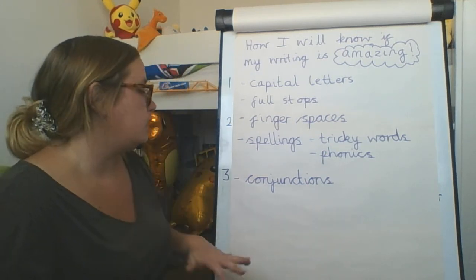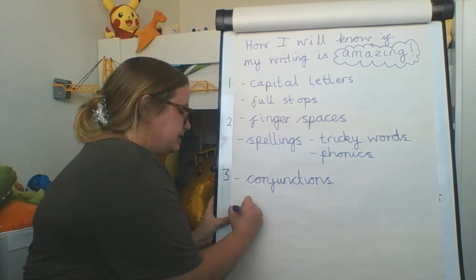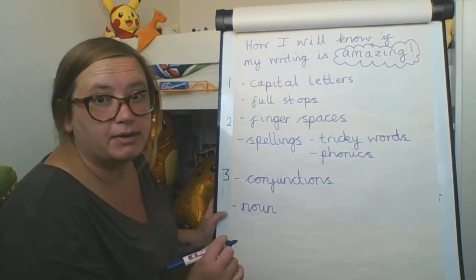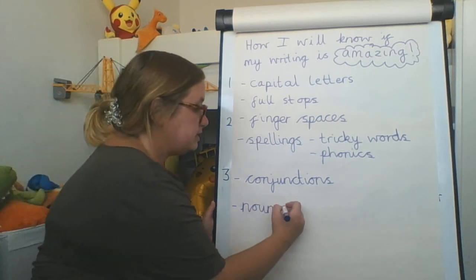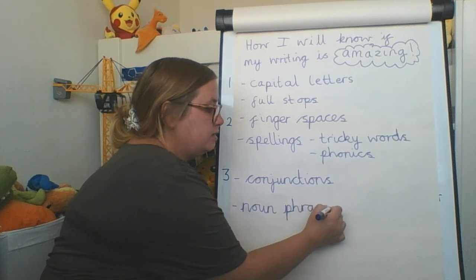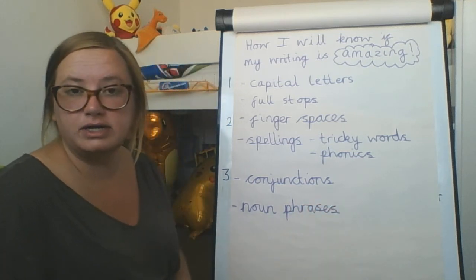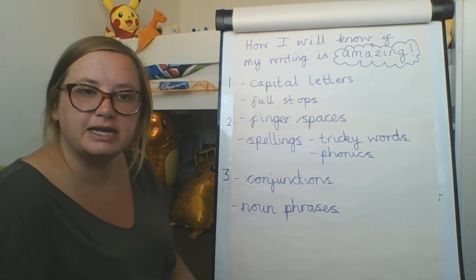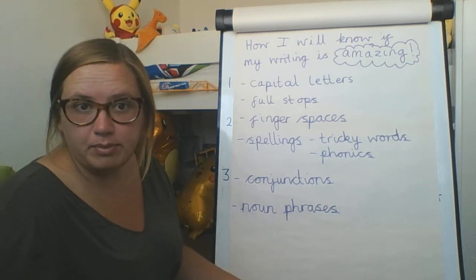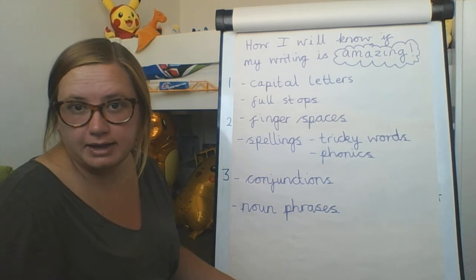Okay? I would also like to see some noun phrases, because I know that we have had work previously set about noun phrases. So that we're adding description in our writing so that it helps the person reading it to make a picture in their head. So that they can build the story along with your writing. Okay?